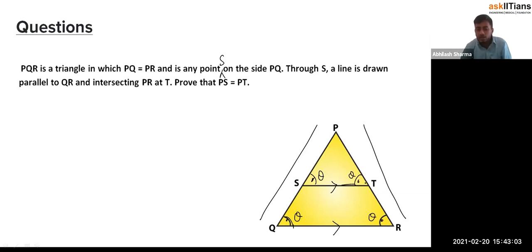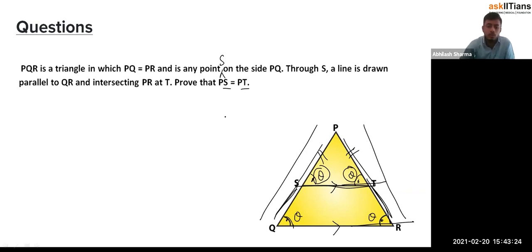Here this was acting as the transversal. Here, since this angle equal to this angle, so PST is an isosceles triangle, hence this equal to this. So PS equal to PT has been proved.